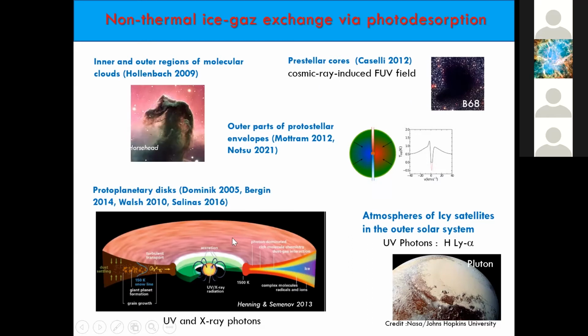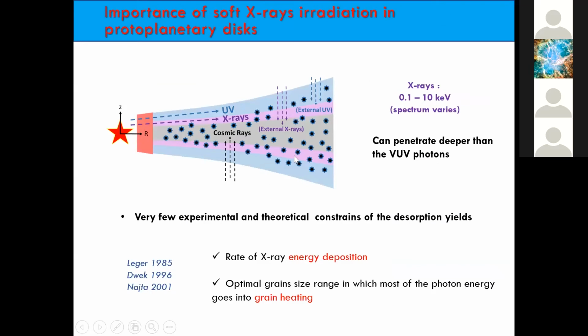But for X-ray, of course, it's in protoplanetary disks, as Emmanuel has shown us before, that you have strong emission from the central star, but you also have emission from the background that can reach some layers in the disk and induce desorption.